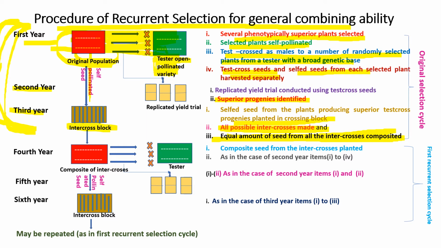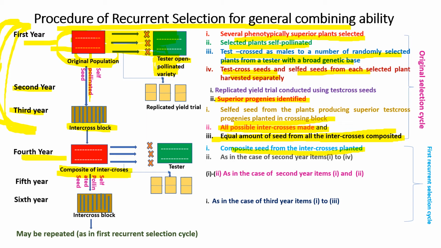And in this cycle, when the seed is produced, the composited seed are again crossed and self-pollinated. In fourth year, composite seed from intercross are planted, and several phenotypically superior plants selected. Selected plants are self-pollinated.